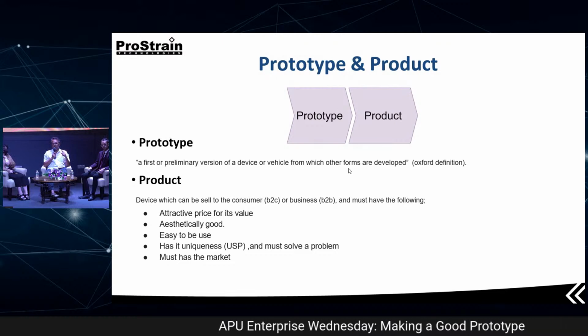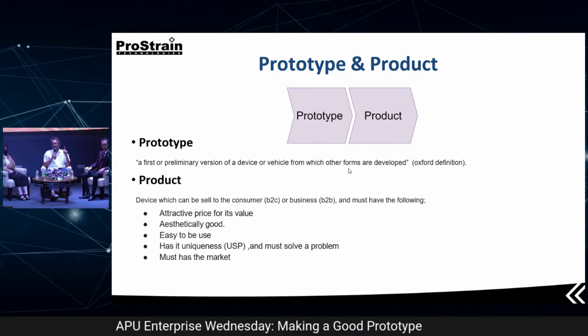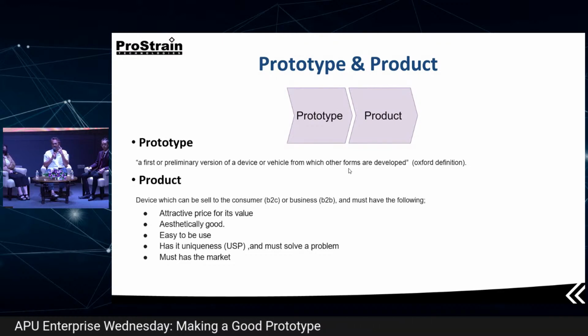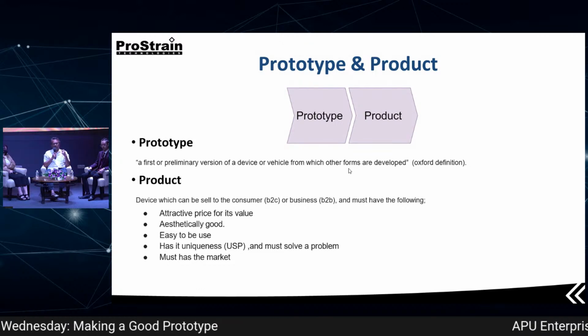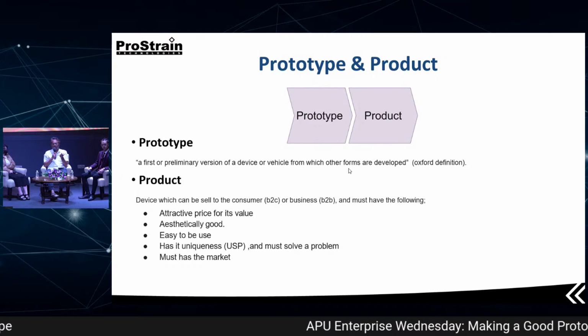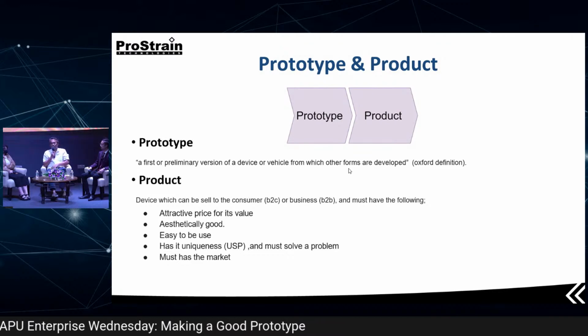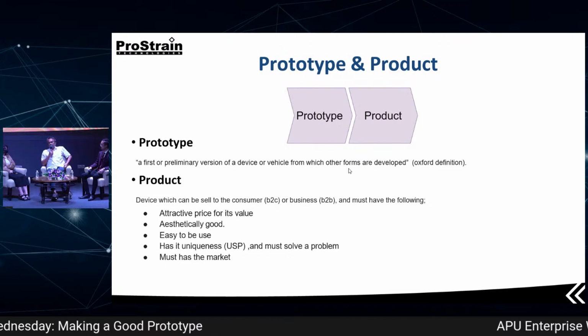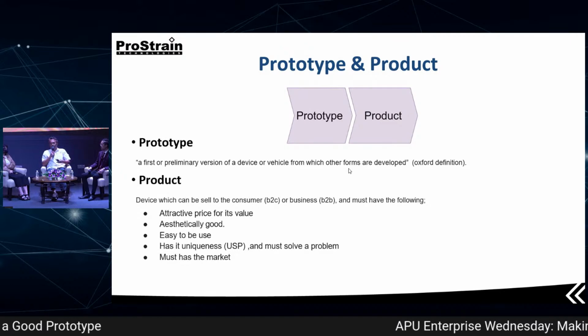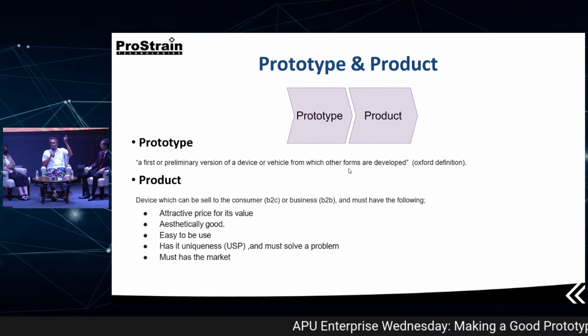As you can read from the slide, this is the definition from Oxford, which I got online. It is the first preliminary version of a device, which means the first revision of whatever you want to invent. For example, this is my iPhone SE.